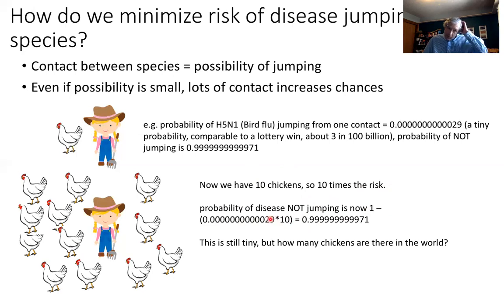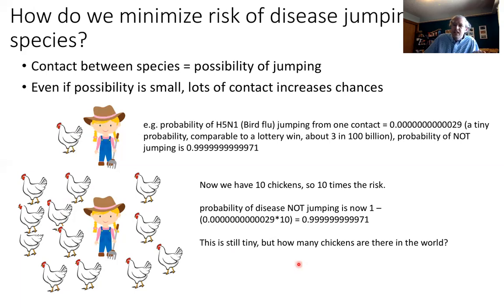With our person hanging around with 10 chickens, this probability is still tiny. I mean, this is absolutely microscopic. This is still a lottery win sort of probability. But this is one person and 10 chickens. We can see that it's 10 times greater than one person and one chicken.